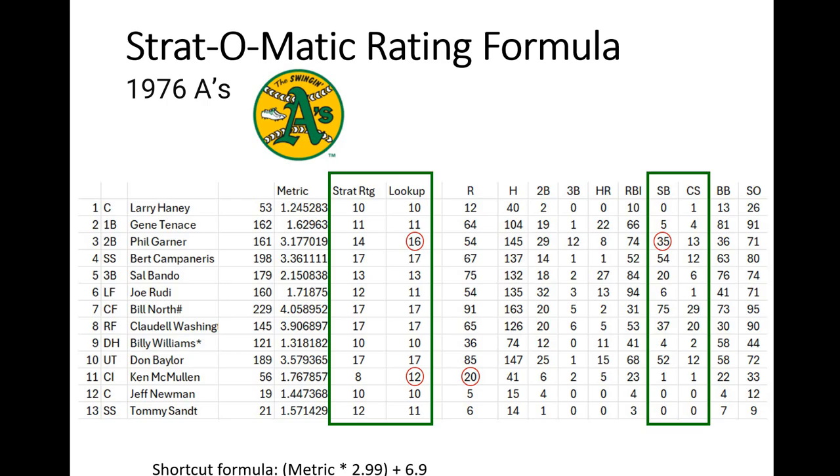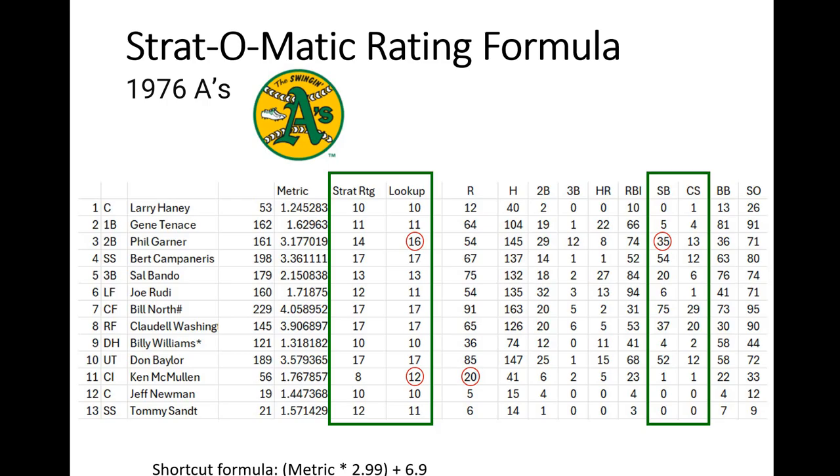But anyways, I extracted their data from Baseball Reference. I calculated the metric using the formula we just saw. I typed in the strat rating, which I get actually from the card viewer app. I pay $5 a month for this card viewer app.